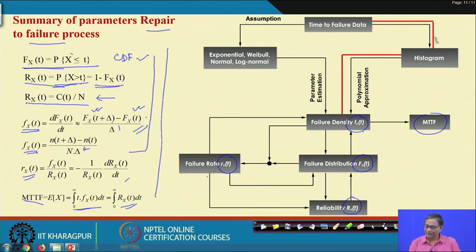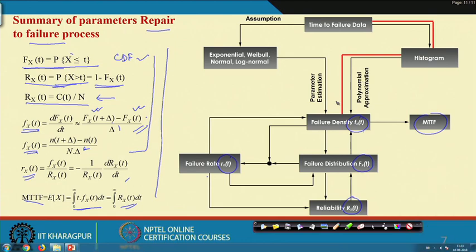Then from the time to failure data you can develop a histogram, and then approximate the histogram through some polynomial expression. That we have not discussed here; we have basically given a polynomial approximation. Ultimately, on the right-hand side we are showing the theory and computational details behind all those parameters.